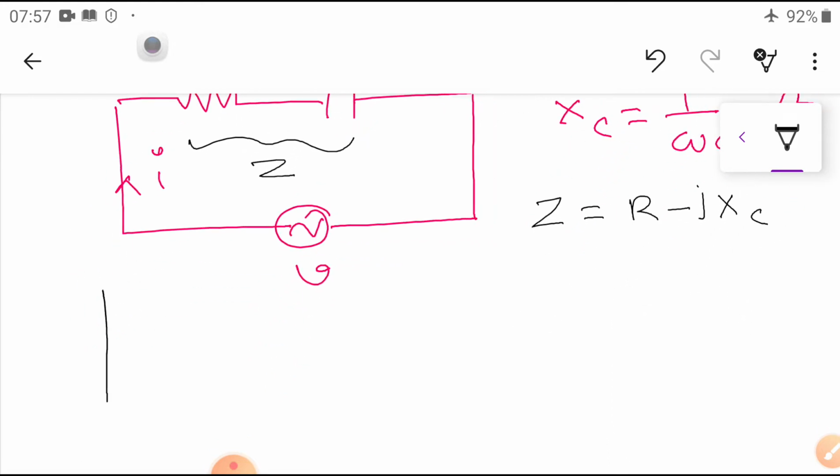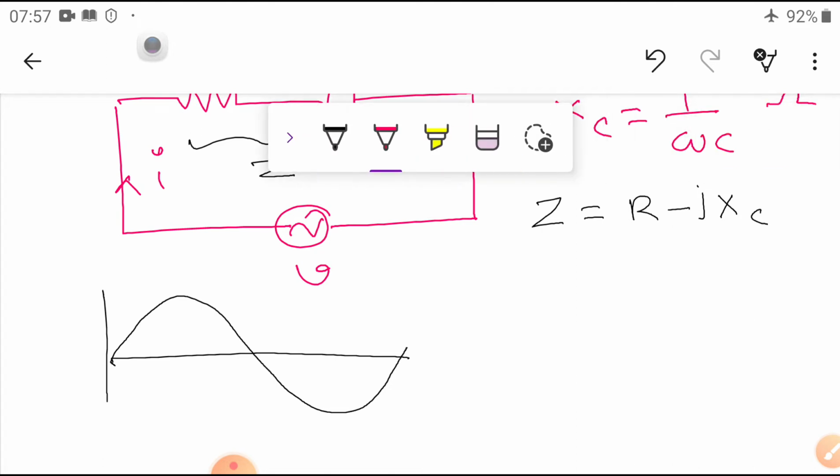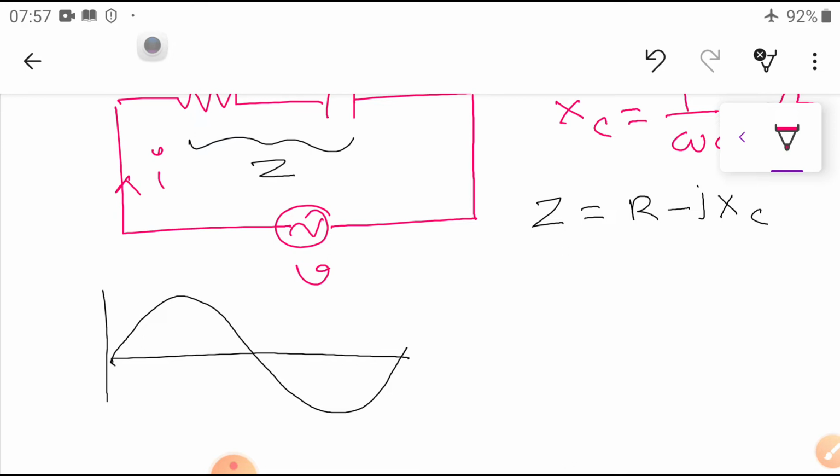So first, this is our voltage. Okay, now our current in this case is leading. So it started here. Before, this is advanced, this is the current, this is the voltage.